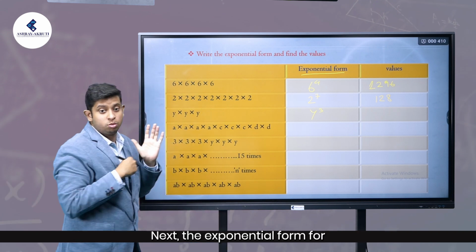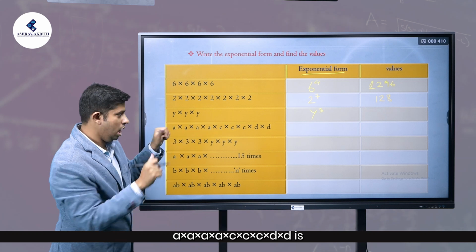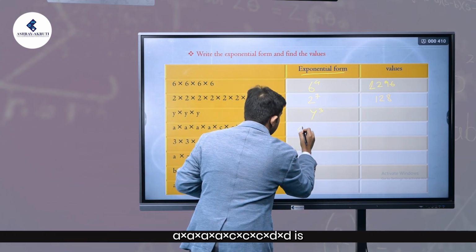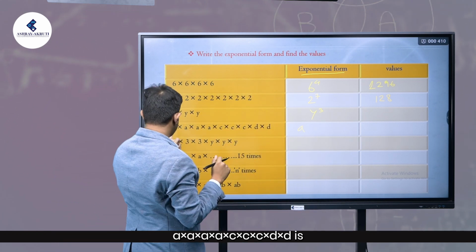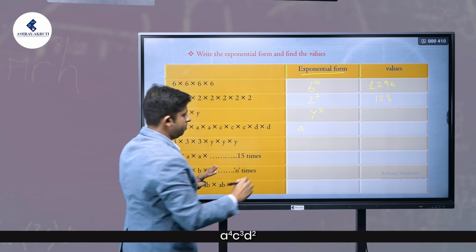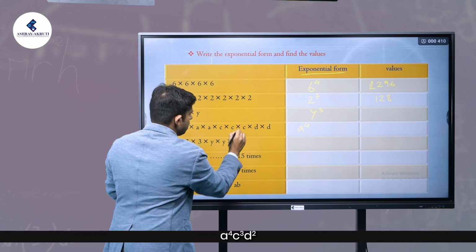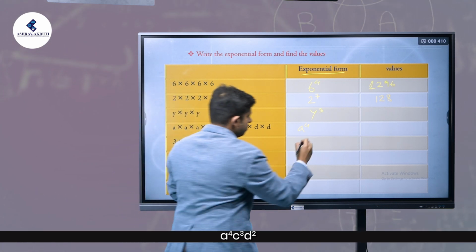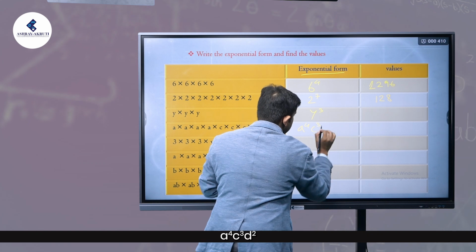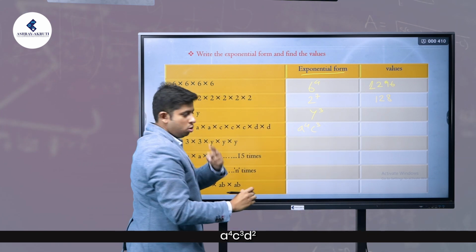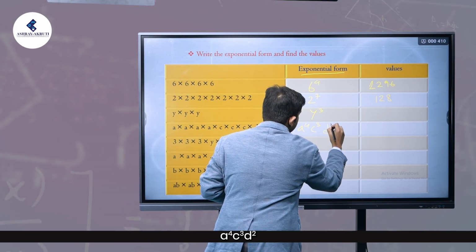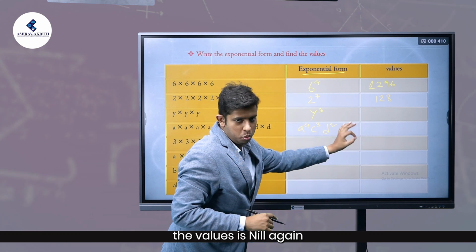Next, the exponential form for a into a into a into a into c into c into c into d into d is a to the power of 4, c to the power of 3, and d to the power of 2. The value is nil again.